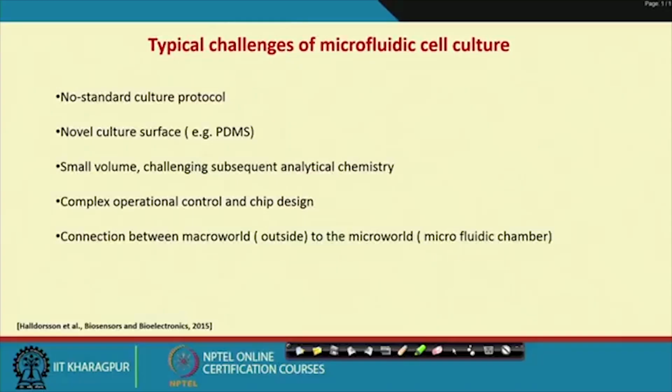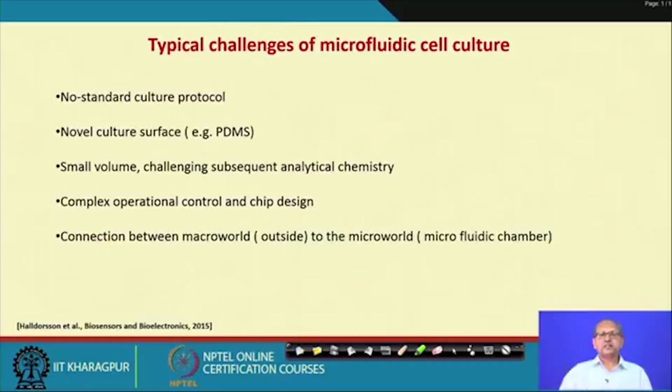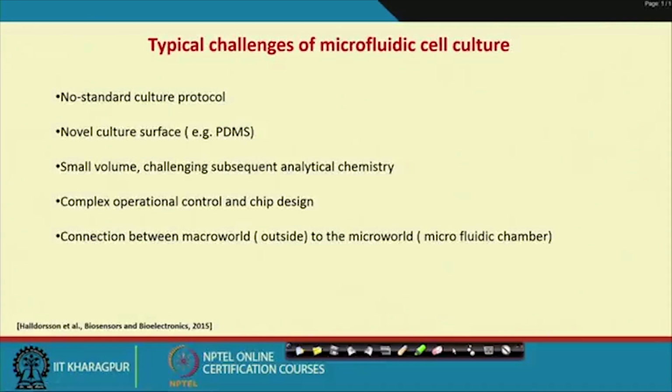The next point is small culture volume, which makes subsequent analytical chemistry challenging, particularly genomics, proteomics, and immunological staining. Then there is complex experimental control of chip design, because biologists always need something very user friendly; the number of steps may be higher, but it should be user friendly. Last but not least is the connection between the macro world and the micro world.